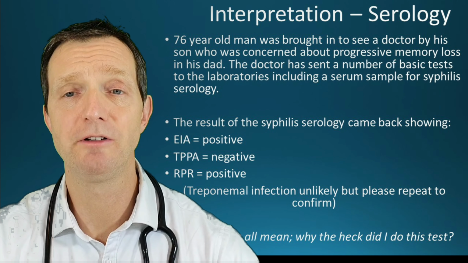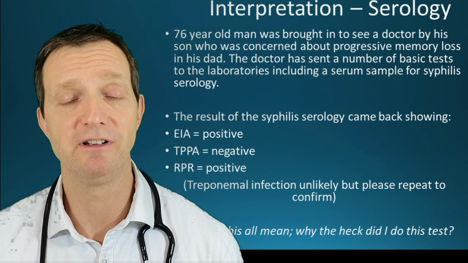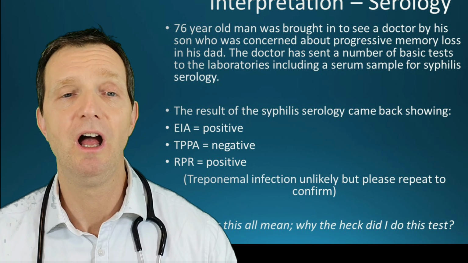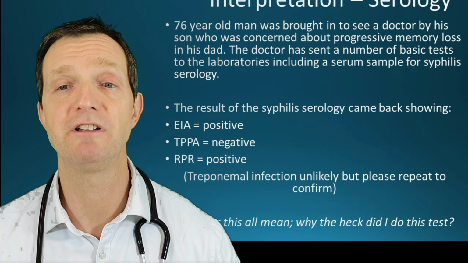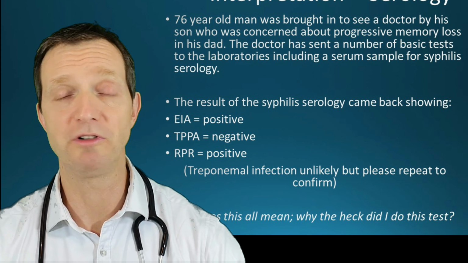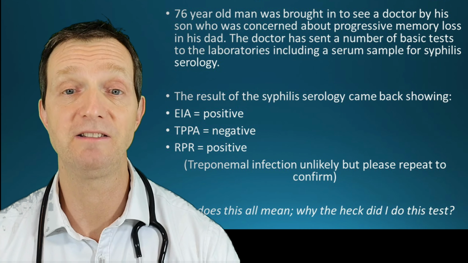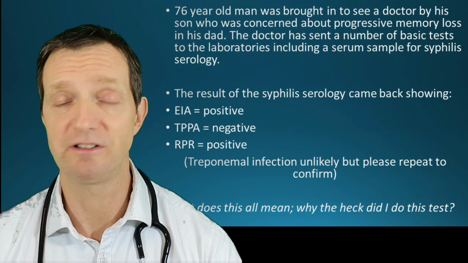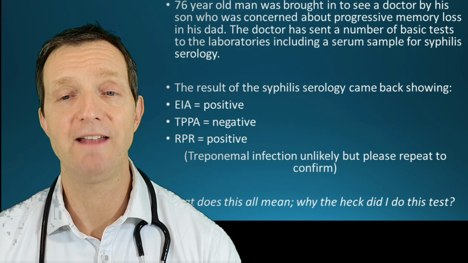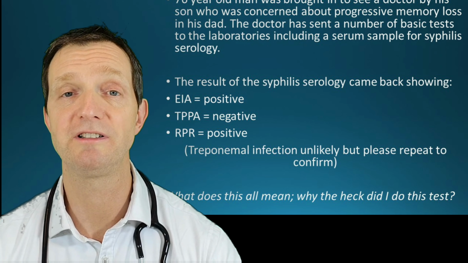So in terms of interpretation of serology, let's imagine that you're a doctor and you see a 76-year-old man. He's brought in to see you by his son, who's concerned about progressive memory loss by his dad. And the doctor knows what test to send off, and it's just a simple yellow top SST bottle, and you just put on the laboratory form test for syphilis, and then after 5 days to 10 days, results are sent back to you.